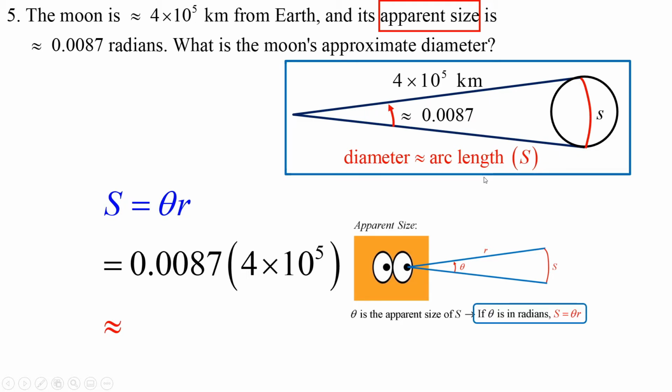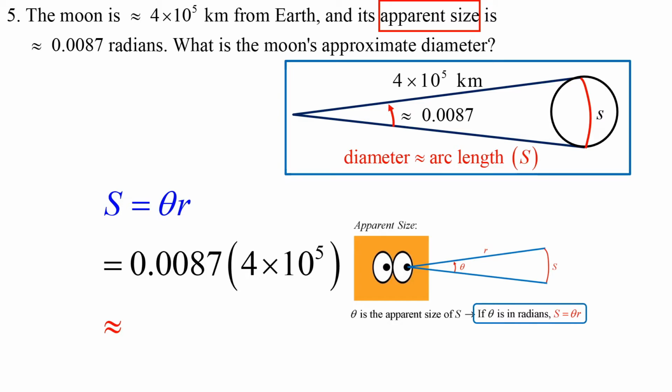All right, so let's just punch it out very carefully again. 0.0087 parenthesis 4 times 10 to the 5th power, close my parenthesis. And then you double check your calculator and make sure everything's in there correctly.